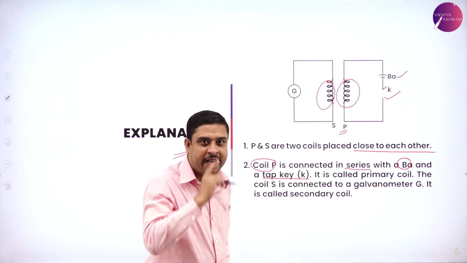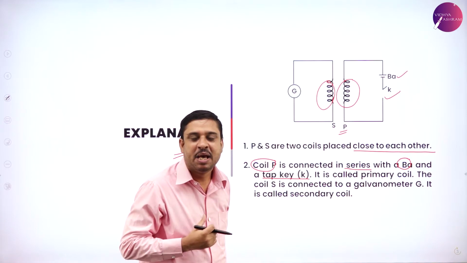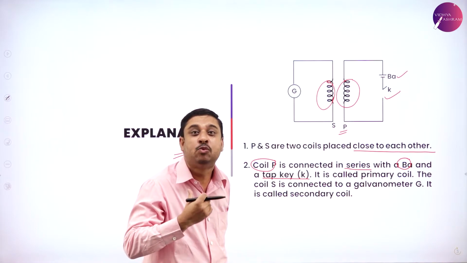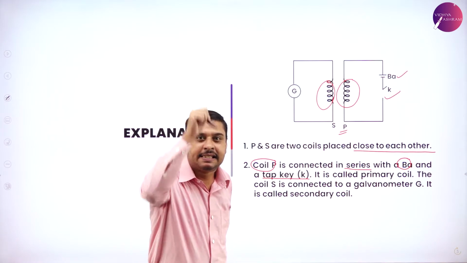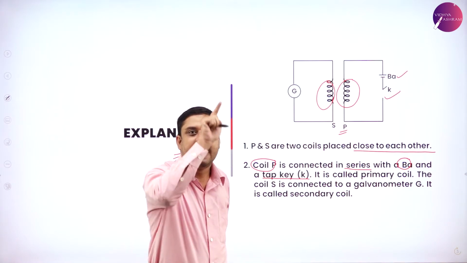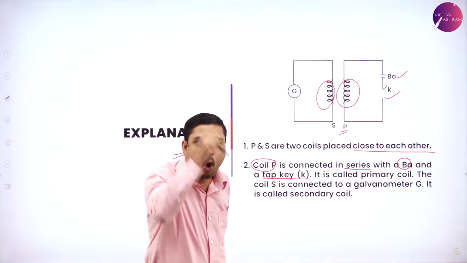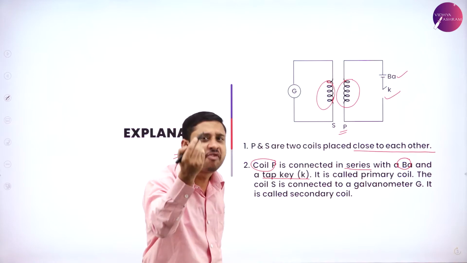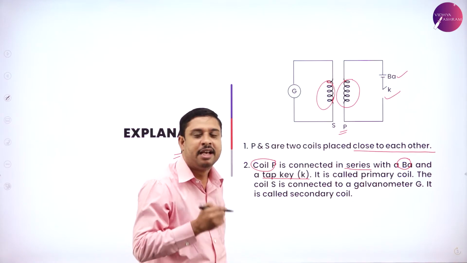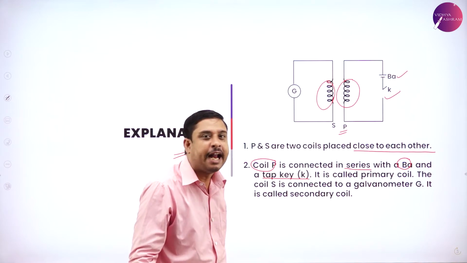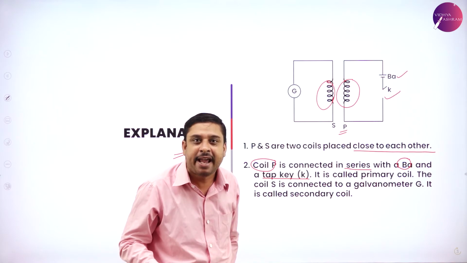I have told in my previous discussion, the key behaves as a switch. Close the key, the circuit is closed, current flows through the coil. Open the key, switch off, the circuit is open, there is no flow of current. And why do I require a battery?